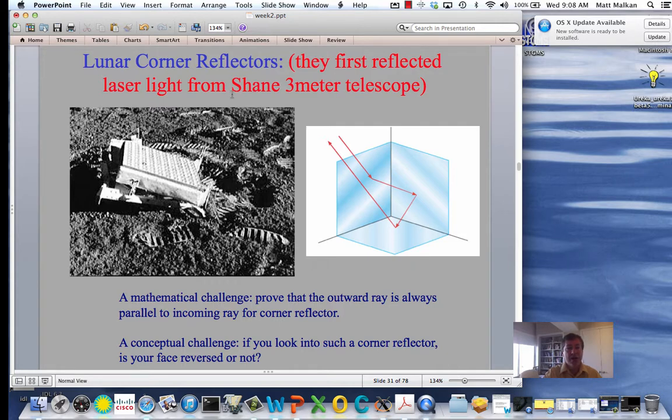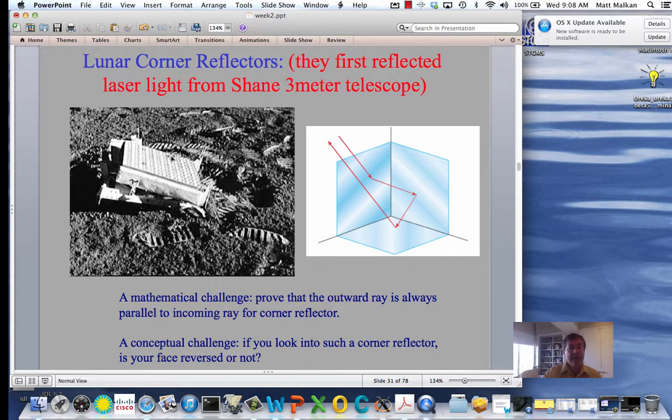Laser might be bouncing this way, but whichever way the laser beam came from to this lunar reflector, because it was designed with these half cubes, it would definitely send all of the laser light back towards the emitter, towards the transmitter of the laser waves. It would send it right back to the observatory, to the same telescope that launched the laser, so that we could spot the reflection.